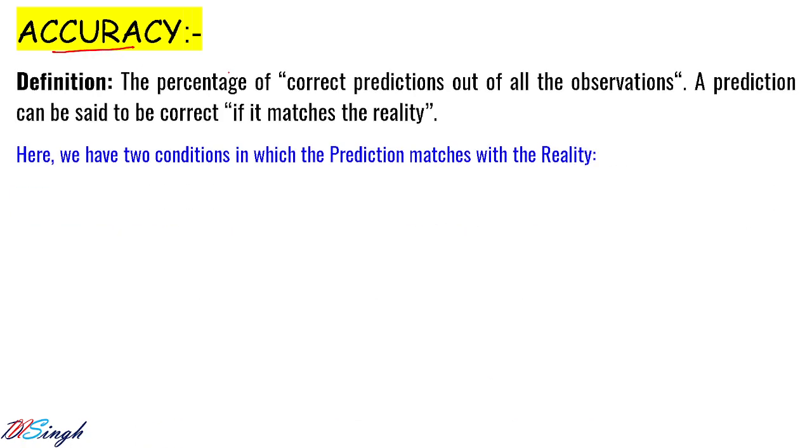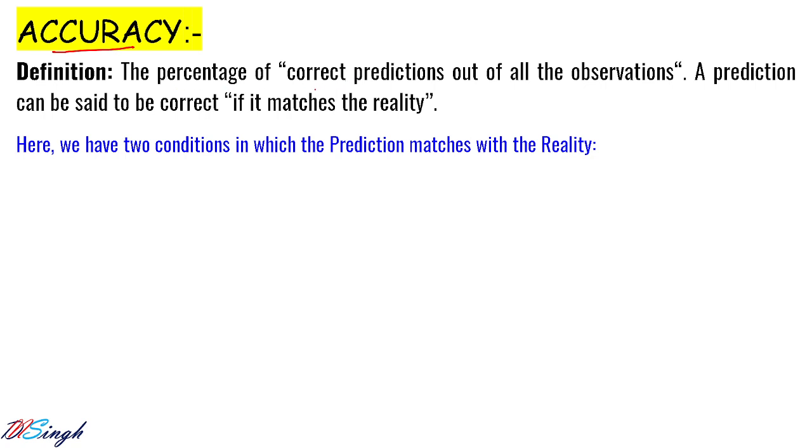Let us go for the first evaluation parameter, that is accuracy. Accuracy is defined as the percentage of correct predictions out of all observations. So out of all observations, what are the observations?